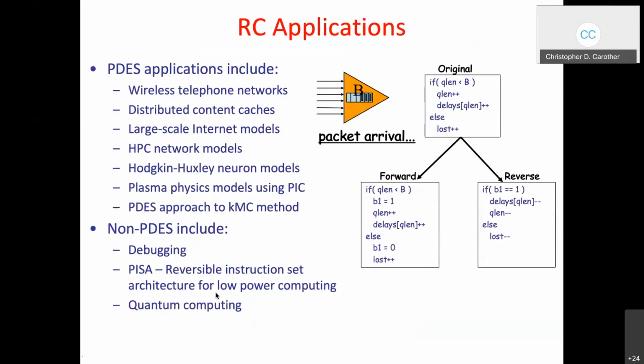We've been looking at neuromorphic computing with it, as well as other circuit simulations. Folks have done plasma physics models using a particle-in-cell approach, but discrete event as well. So a lot of different applications you can apply with this technique, and there have also been some interesting non-PDES desires as well. So very applicable to a wide range of PDES and even some non-PDES models.